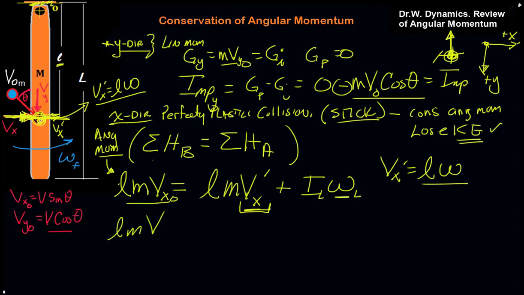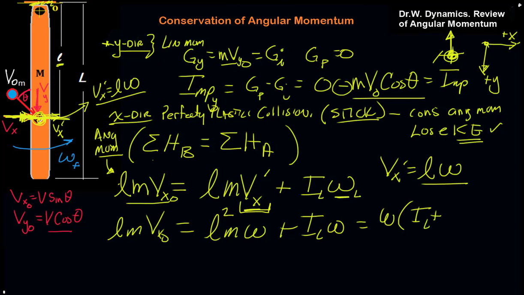And we'll get LMVx0 is Lm squared omega plus IL omega, which becomes omega times (IL plus ML squared). And if you think about it, that's the I of the bar, and that's the I of the small mass, and this is really I total of the bar with a mass embedded in it as it rotates. So that's what that's telling us.